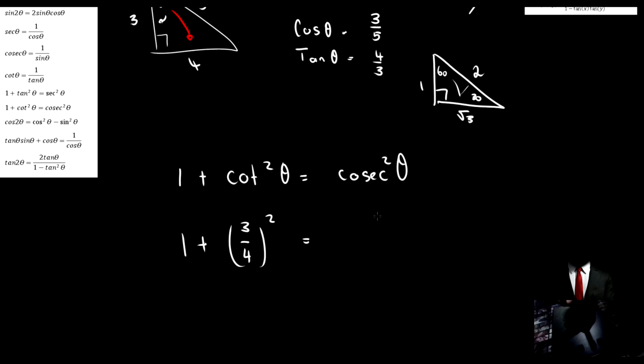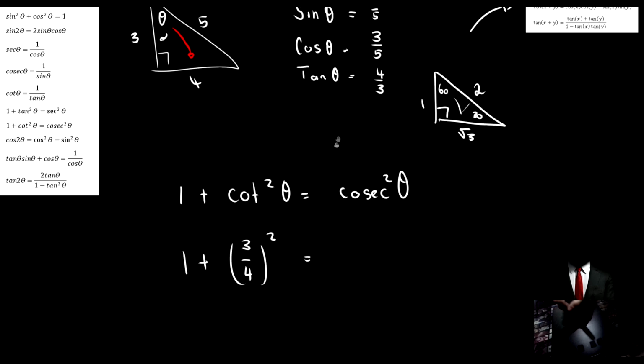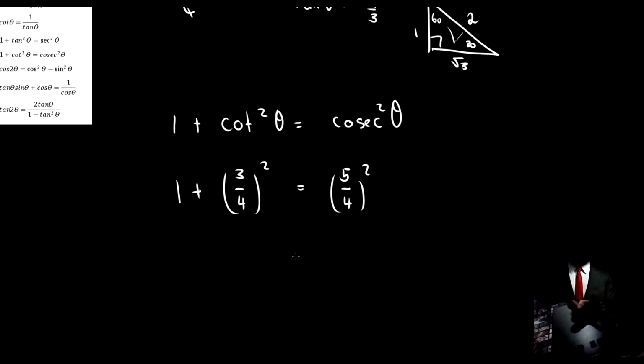Then we have the definition of cosecant, which is the reciprocal of sine. So in this case, if sine is 4 over 5, then this should be 5 over 4 squared. Exactly the same as the previous one. So we have 1 plus 9 over 16 should be equal to 25 over 16.